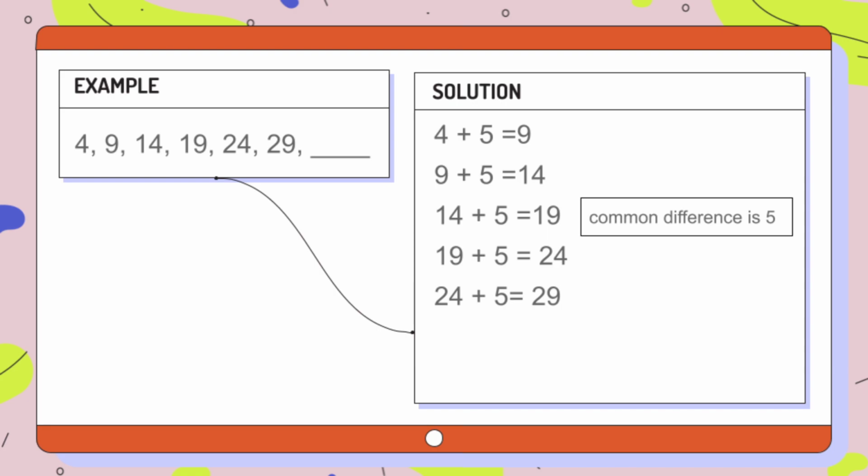Notice that each number has a common difference of 5. To go from 4 to 9, you need to add 5. Likewise, to go from 9 to 14, you need to add 5. And 14 to 19, you need to add 5. 19 plus 5 is 24. And 24 plus 5 is 29. 29 plus 5 is 34, and so forth.